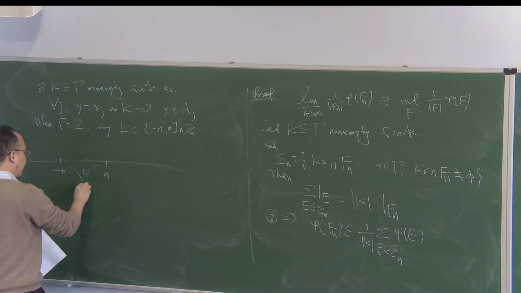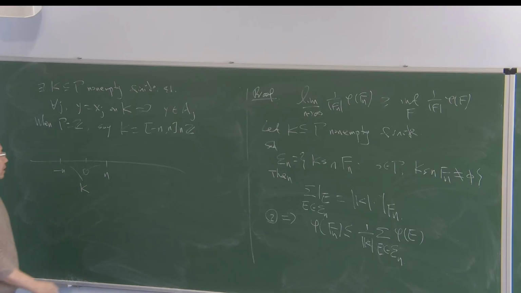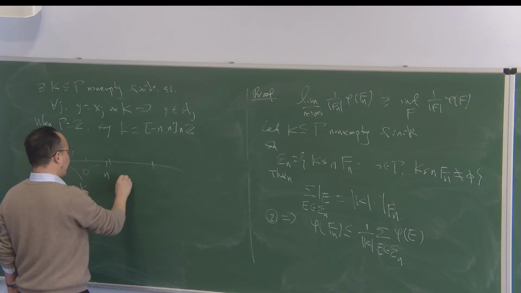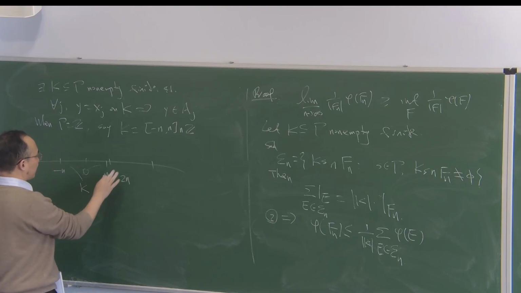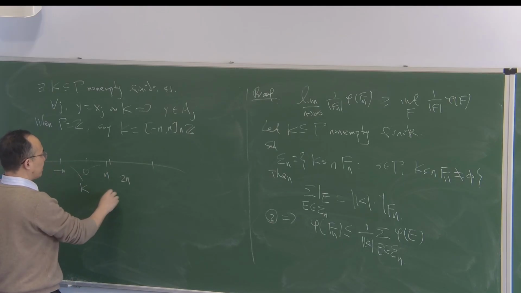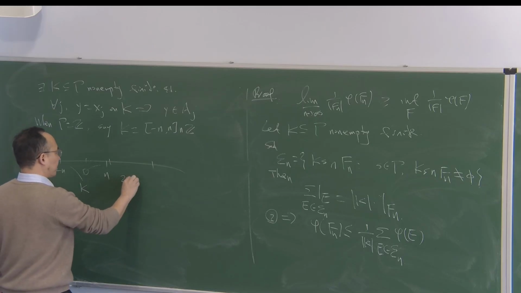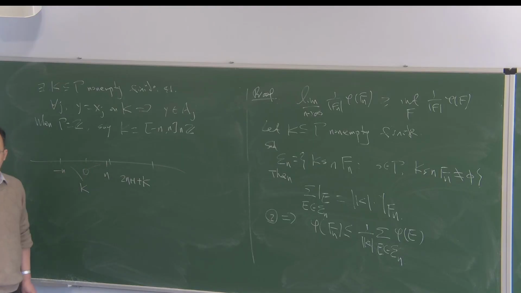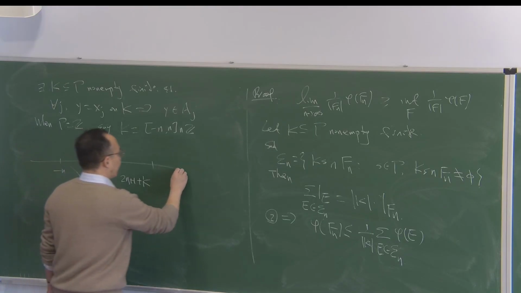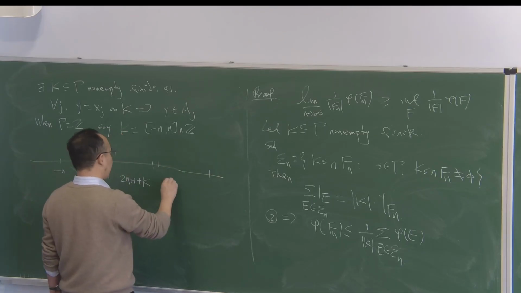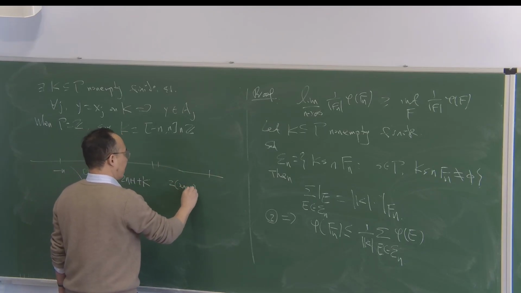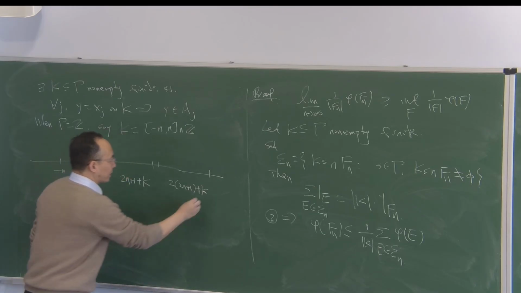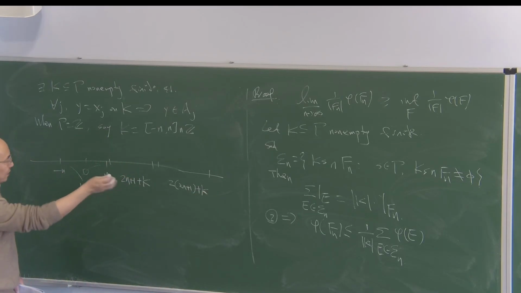So this is just the K. And here you can shift it by some number. What you shift it by is 2n plus 1, since 2n plus 1 is the length of this interval here. Then the next one is another copy of K, shifted by 2 times 2n plus 1. Going on in this way.